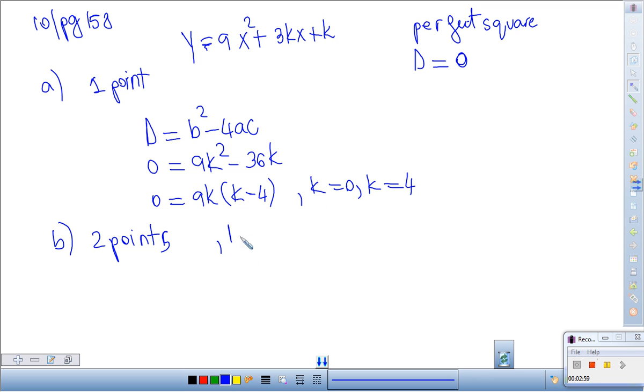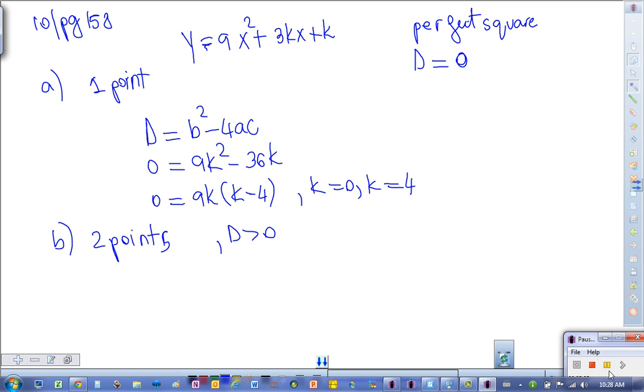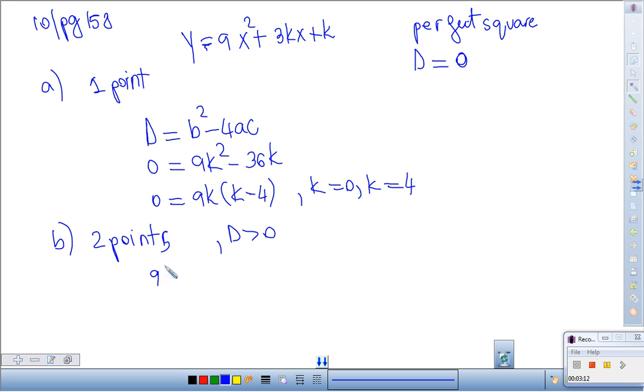Well, the discriminant has to be greater than 0. I already have the factored form of the discriminant. So 9k times k minus 4 has to be greater than 0.